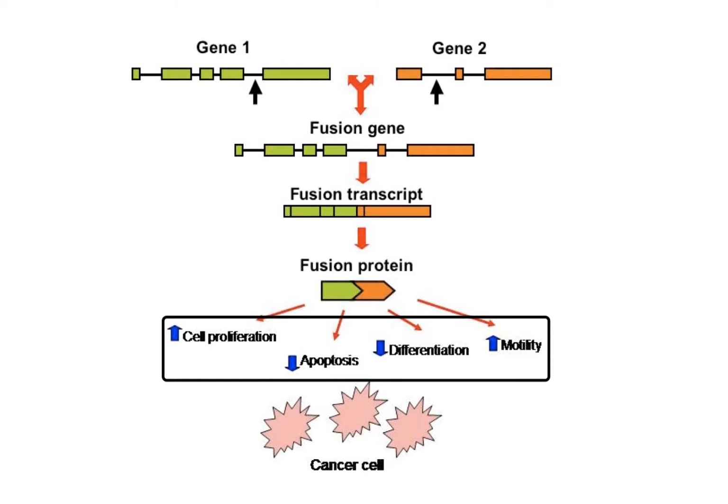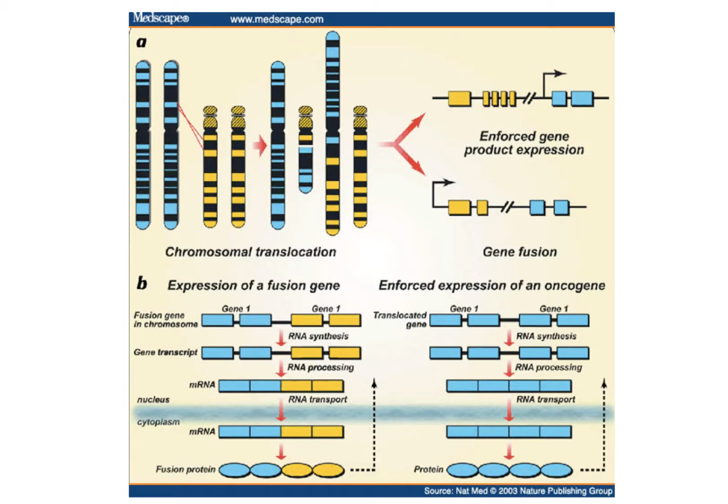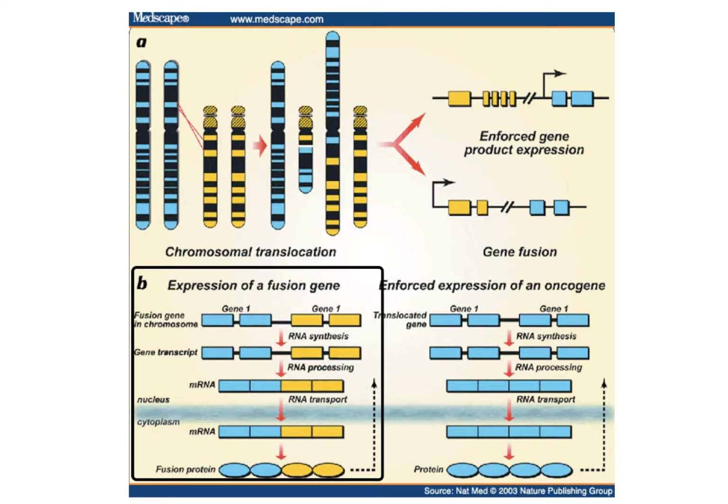And so most of those are characteristic of cancer cells. So in this diagram, it sort of expands on that idea in that you can get this fusion gene, a fusion RNA transcript, and then a fusion protein, which changes its function. Usually it loses function, sometimes it gains function.